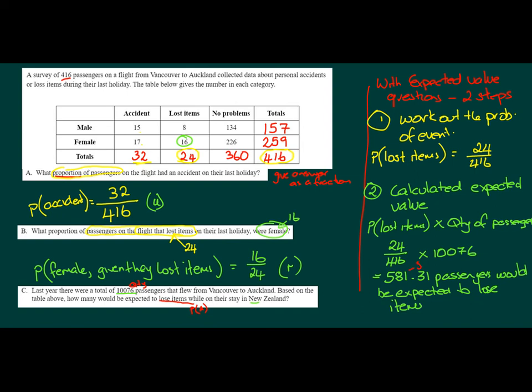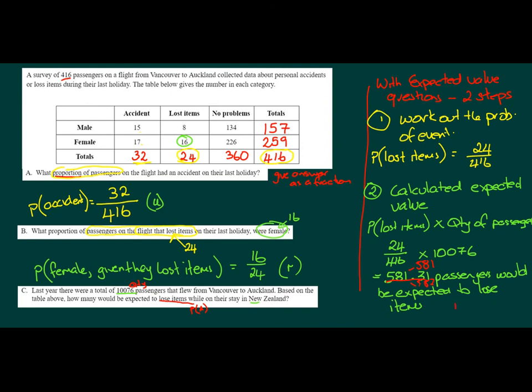So you could either put 581 or 582 in this case would be acceptable. Show your original working first, and then in your sentence, and you need to write your answer in a sentence, you would say, you do your calculation here, 24 over 416 times 10,076 equals 581.31. And then you'd say, therefore, either 581 or 582 passengers would be expected to lose items in New Zealand after flying from Vancouver to Auckland.